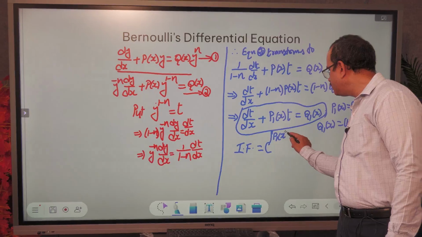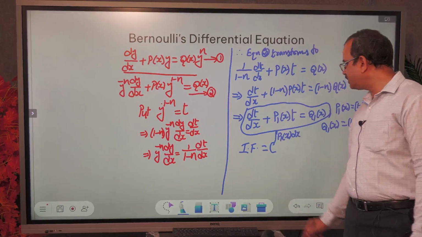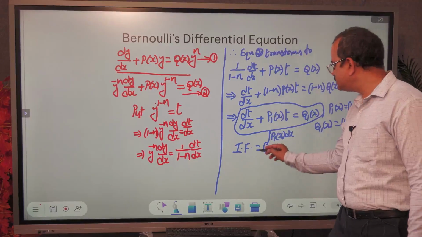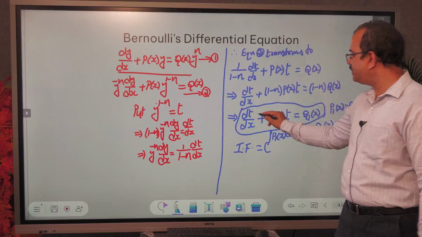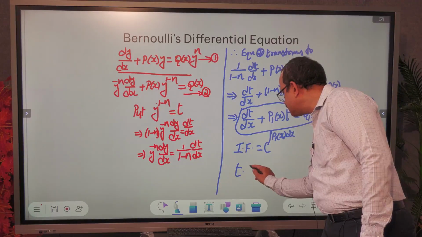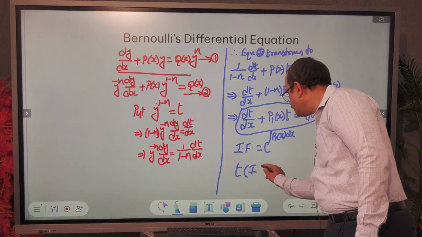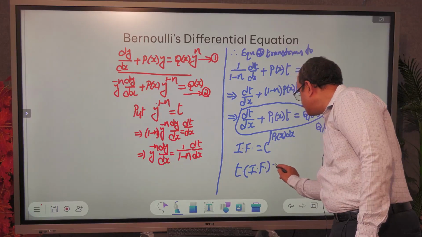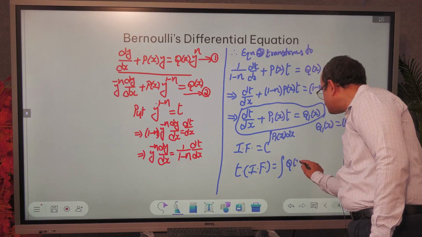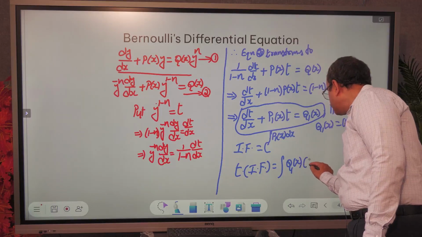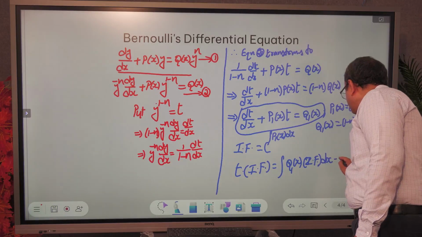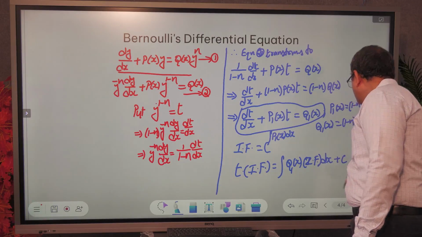Here instead of p we have p1, therefore the integrating factor is e power integral p1 of x dx, and the general solution is given as, here the dependent variable is t, so instead of y we get t into integrating factor is equal to integral of q1 of x into integrating factor dx plus c, where c is an arbitrary constant.